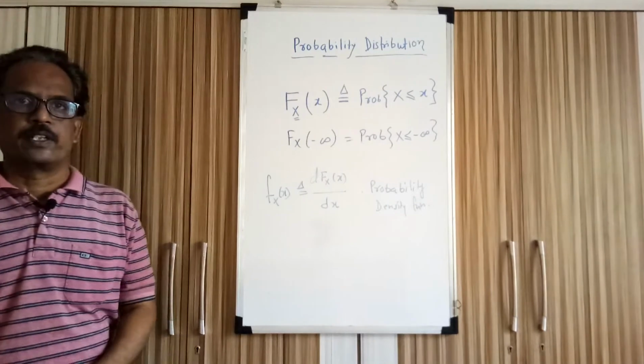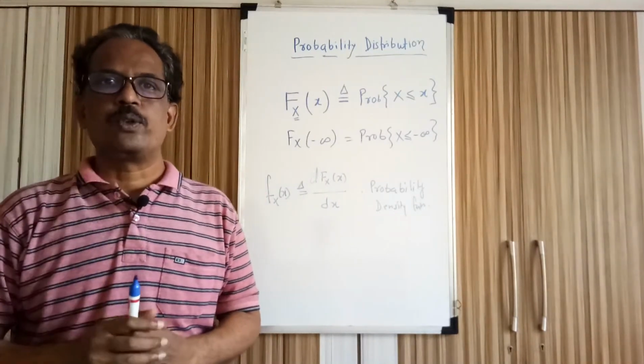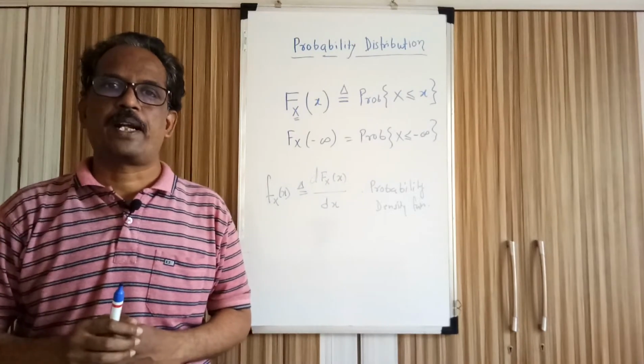This function gives the probability at individual values of the random variable.